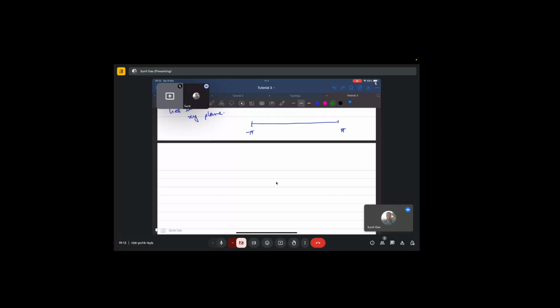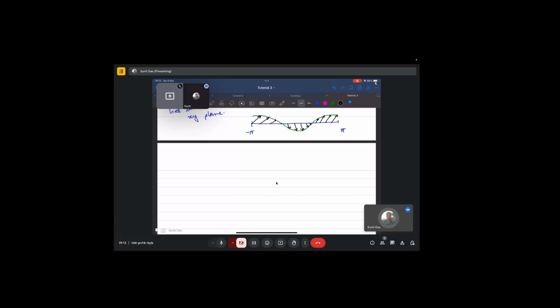Maybe at minus pi it starts in the completely opposite direction, and then again it changes its direction.